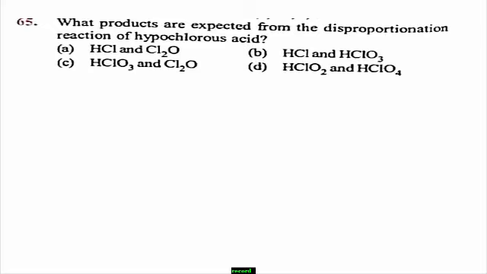The reaction for the disproportionation of hypochlorous acid is 3 moles of HOCl changing to 2HCl plus HClO3. It gives HCl and HClO3 as products.